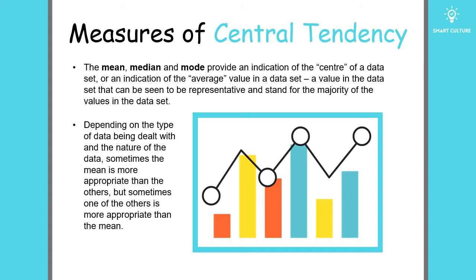Depending on the type of data being dealt with and the nature of the data, sometimes the mean is more appropriate than the others, but sometimes one of the others is more appropriate than the mean. So it really depends on the nature of your data set.